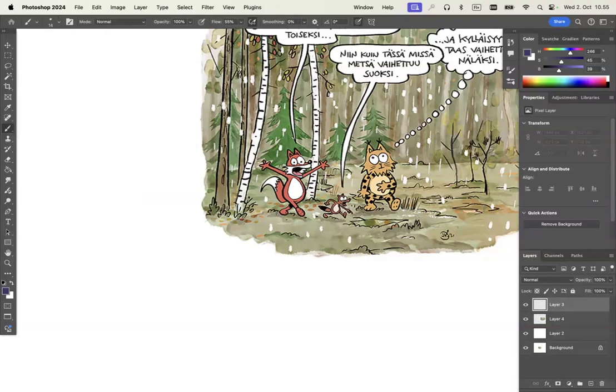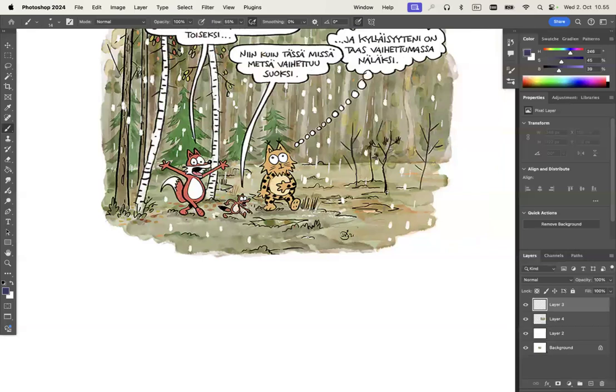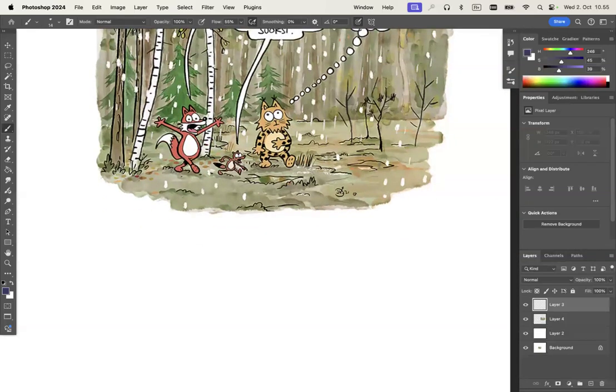Okay, so let's start maybe with the lynx's character, because, as I said, he's kind of the protagonist here. If I start out with the main shape that I see, I can see his body, which is basically a round shape, or maybe an almost circle ellipse. And also his feet are very round.